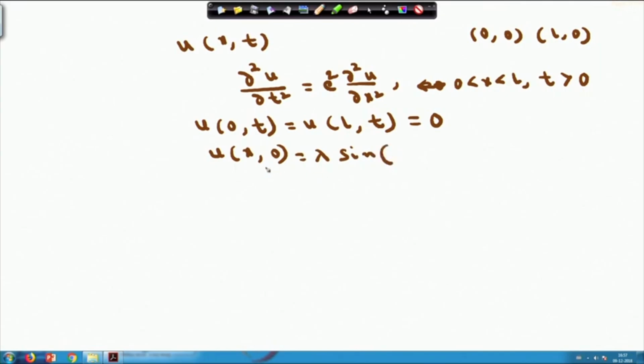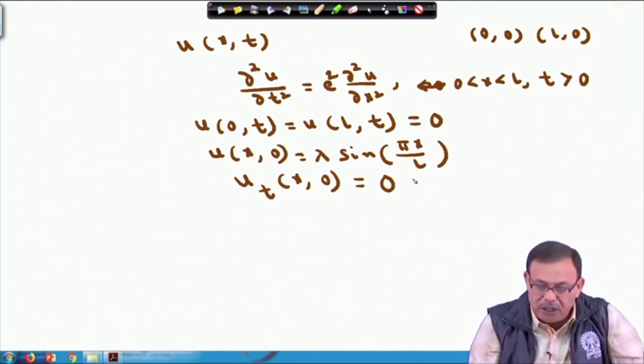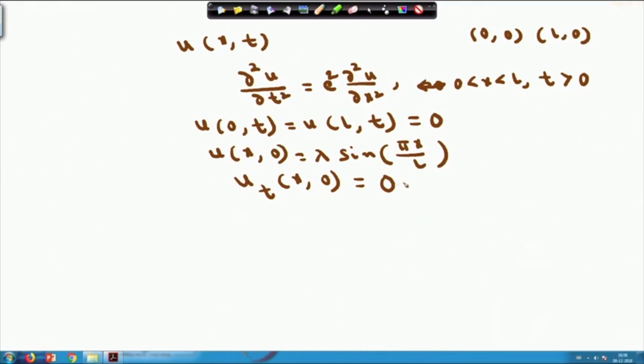At t equals 0, the motion is initiated, and whenever you take the derivative of this, since it is independent of t, this value is 0. So, u(x,0) = λ sin(πx/L) and u_t(x,0) = 0.